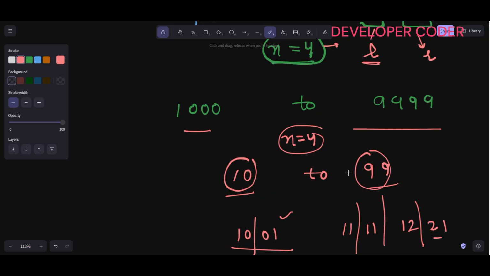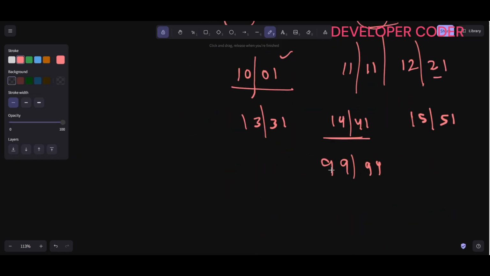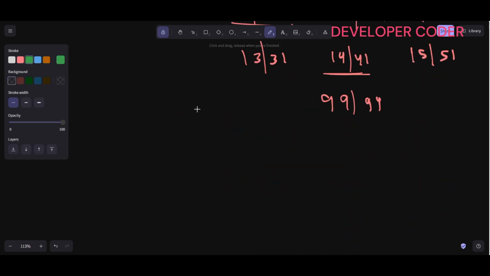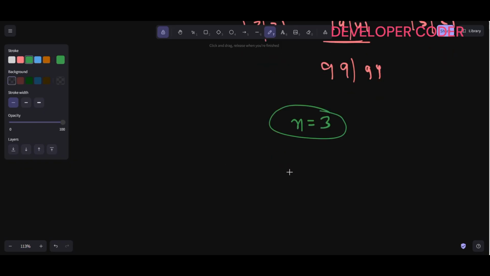Done. Now in case of a 3-digit number, what you need to do? If I say n is equal to 3, now in the left side part, let's suppose you have a number like 1 2, so here you need just one. You just need the mirror image of this one. So here let's suppose 1 3 1.